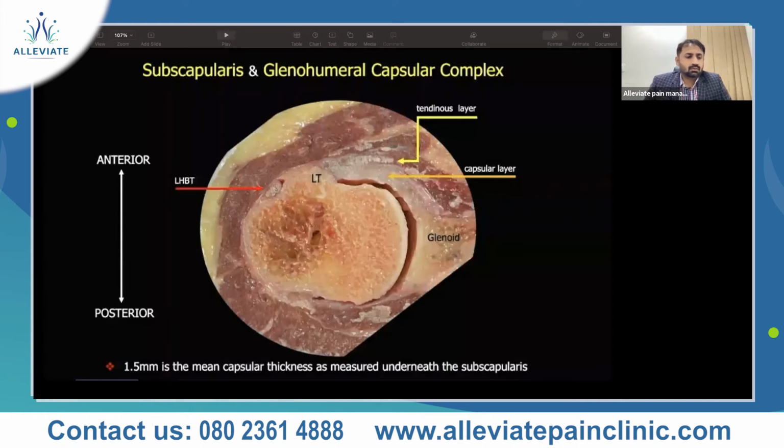So I went through a talk by Professor Martinoli, where he was explaining a few things I thought I could include before going on to interventions, which is not a lot, but a few of them. So basically, this is the subscapularis coming and attaching to the lesser tuberosity.